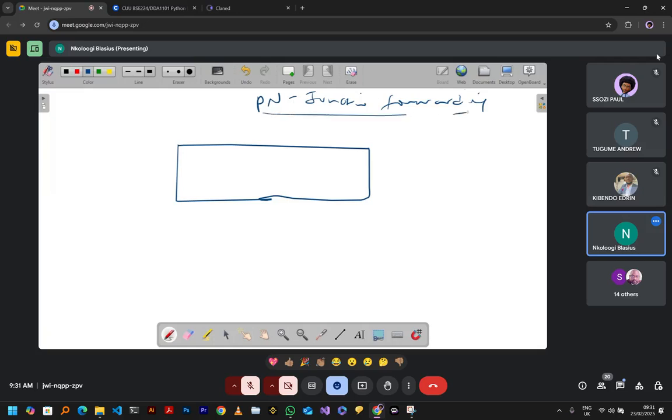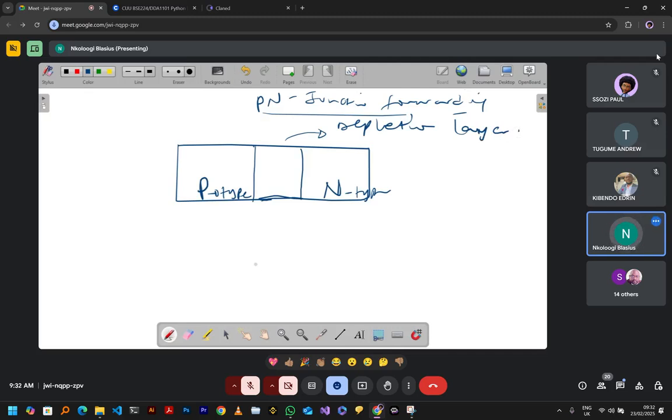Okay, so a P-N junction looks like this. You always have a P side here and an N side. These P types and N types are semiconductor materials that are combined together, and this one in the middle is always called the depletion layer or depletion region.